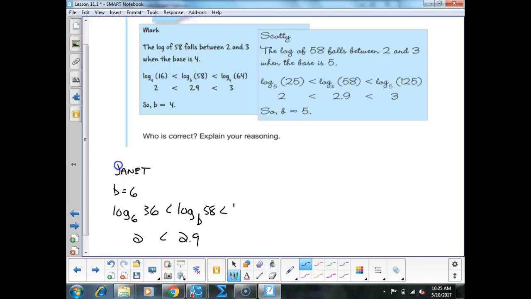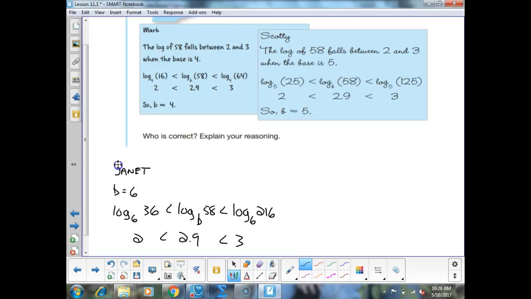And log base 6 of 216 is 3. So would Janet be right with a base of 6? Well, that'd be between 2 and 3, but is she right? No. Why not? Because her decimal would be 2.2. Why is she not right? She's got 2.9. Should be 2.2.